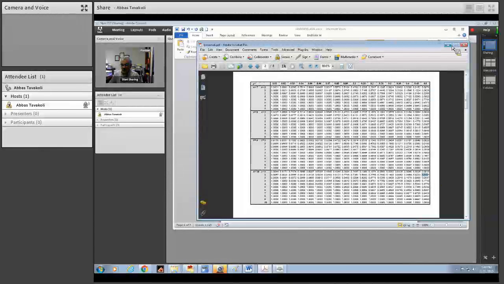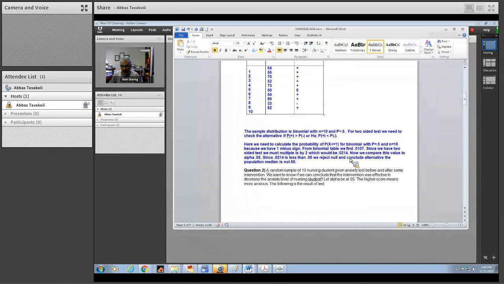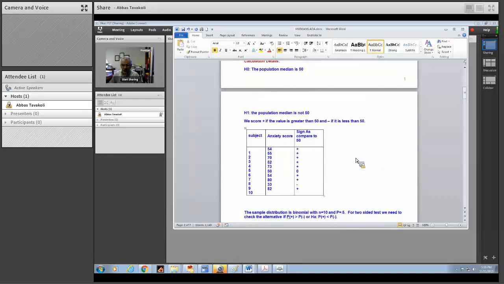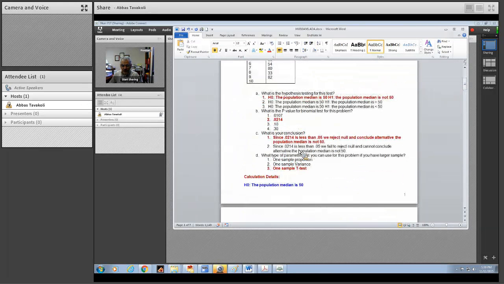That is the binomial probability with p 0.5 and n 10, and we multiply that by 2. That gives 0.0214, so that's the correct answer. And what is your conclusion? Since this value is less than 0.05, we reject the null and conclude the alternative: the population median is not 50.